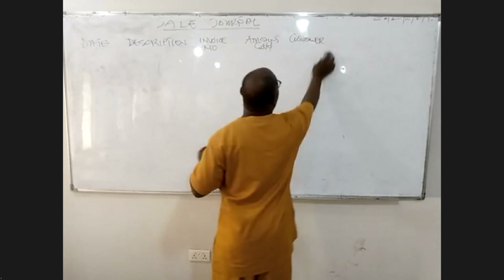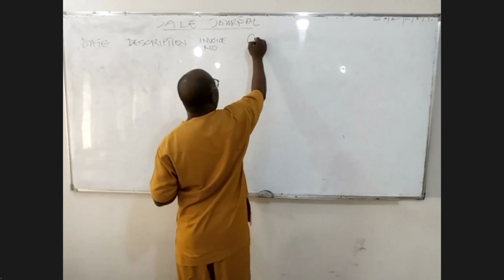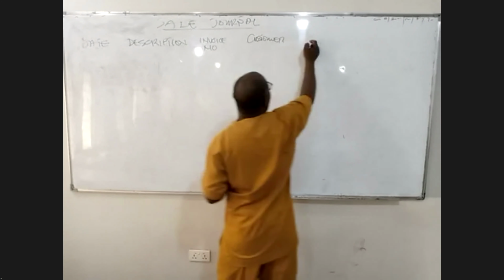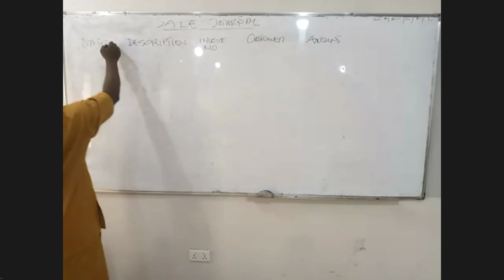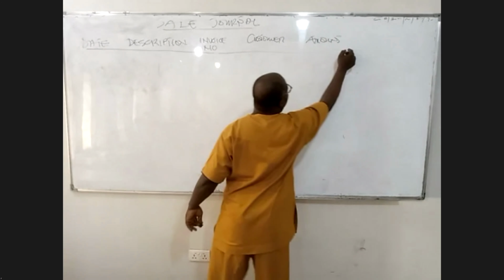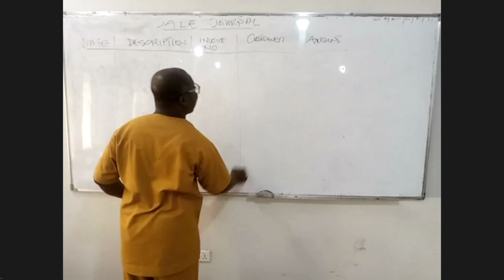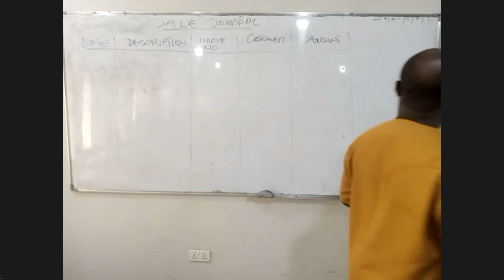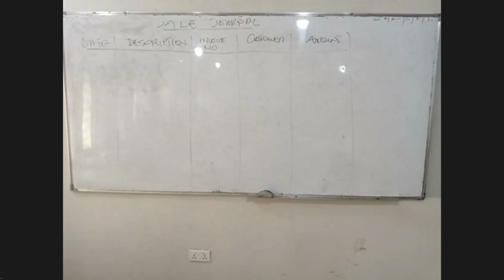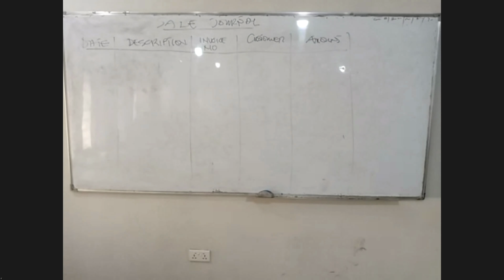But let's bring the customer before the amount. So amount should be the last one. Good. So you see that it's very easy. Very, very easy. Quickly. Any other? No. Yes. Thank you.